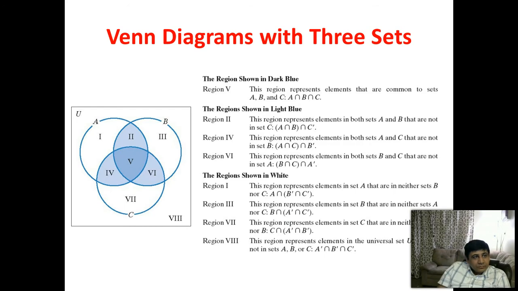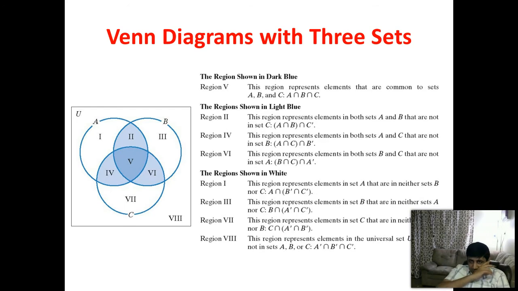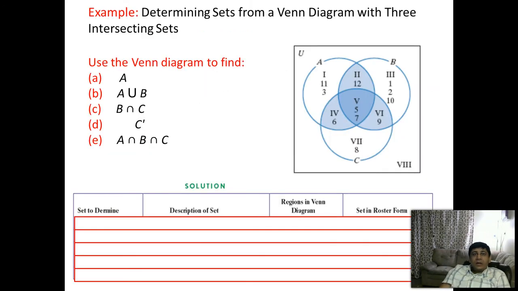Now let's look at one more example. In this example, information is given to us in the form of a Venn diagram, and our goal is to carry out a bunch of set operations, some of which involve 2 sets and some 3 sets.